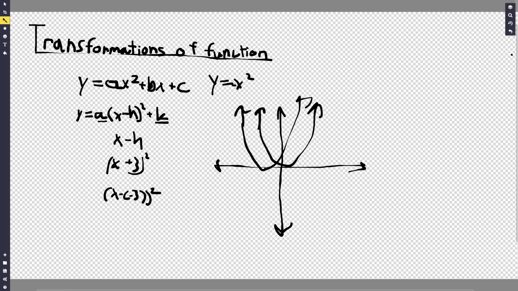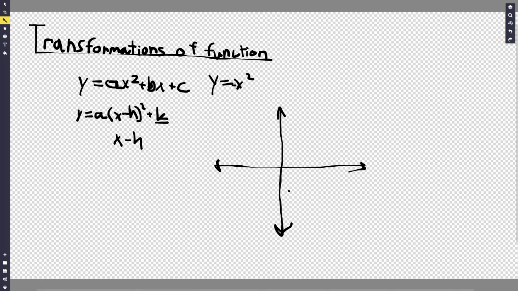Now the next one is a. A is basically just how squished, or a better word is compressed or stretched, your function is. So for a, let's get our base function, y is equal to x squared.